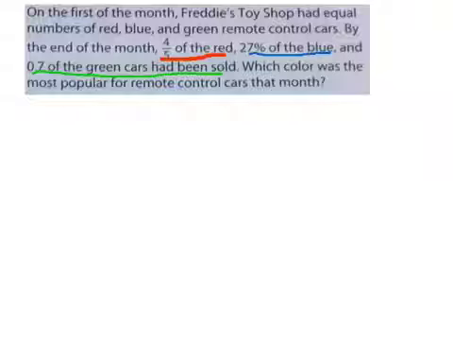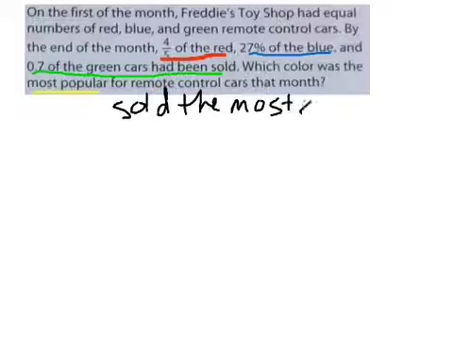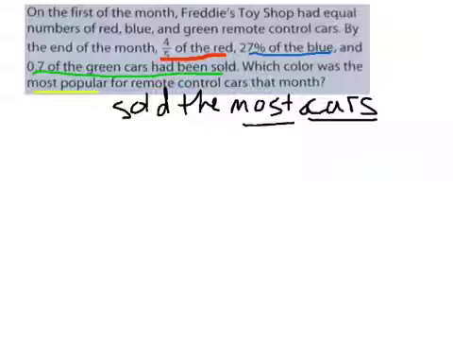The question that they're going to ask us is which color was most popular. In order to know which one was most popular, we need to know which one sold the most cars. And we have to compare our three numbers, 4/5, 27%, and 7/10, to decide which one of those sold the most cars.